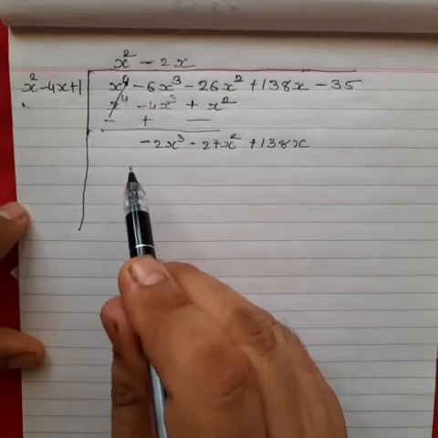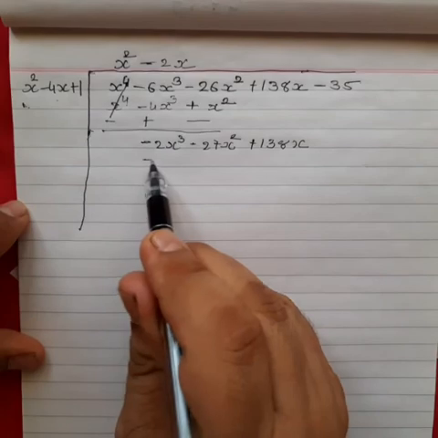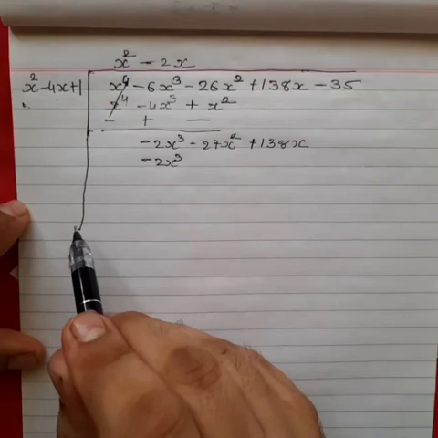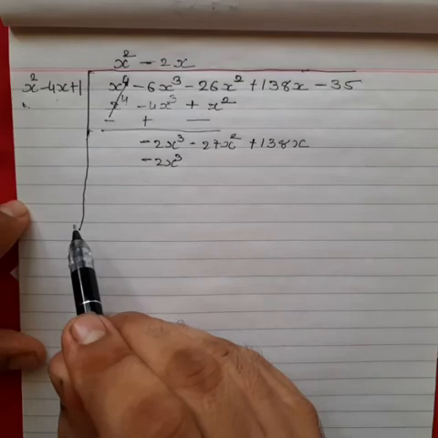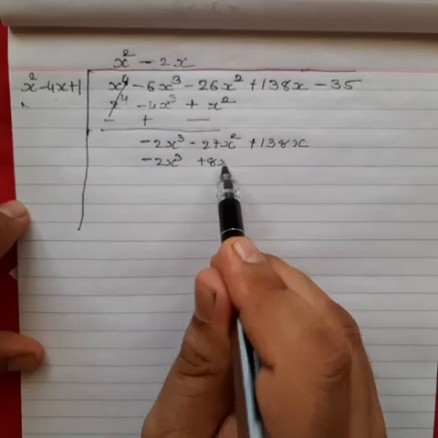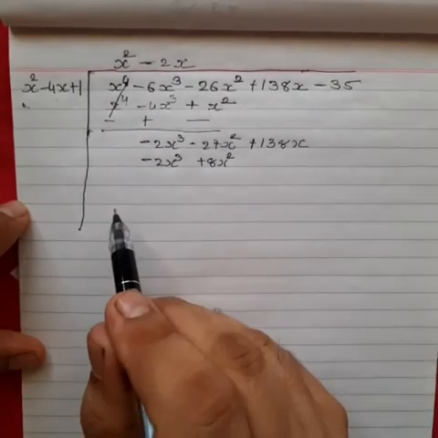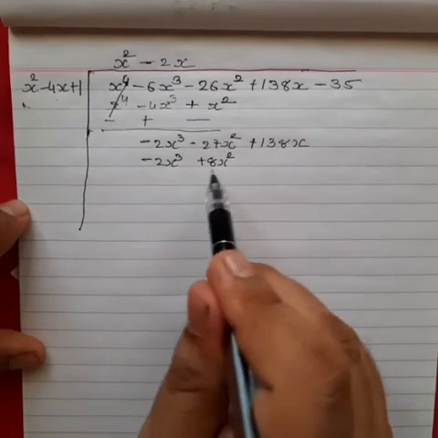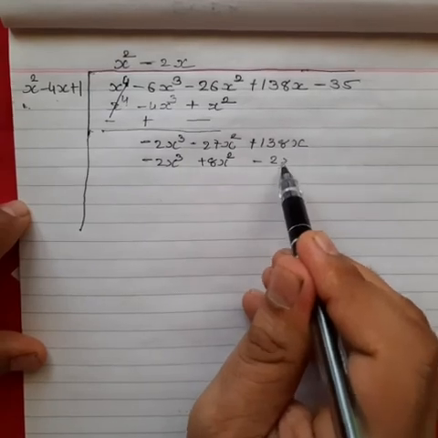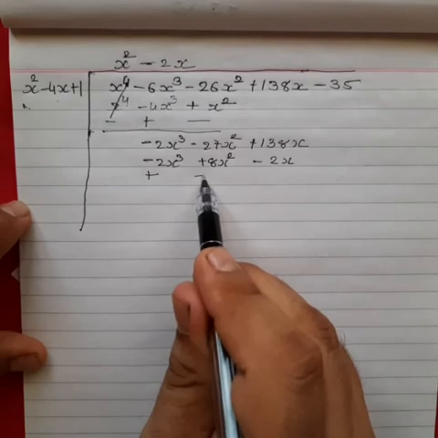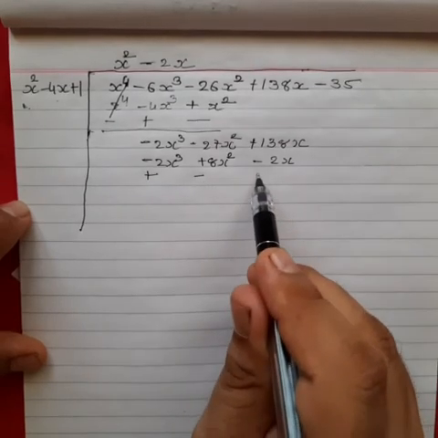Minus 2x into x square, that is minus 2x cube. Minus 2x into minus 4x, that is plus 8x square. Minus 2x into 1, that is minus 2x. Change the sign.